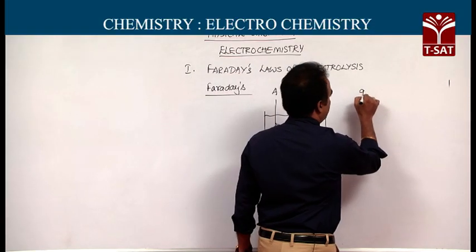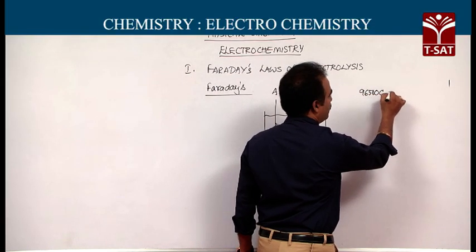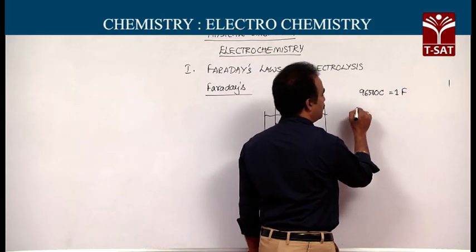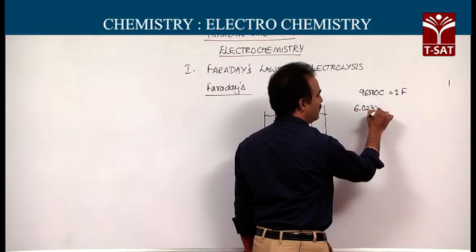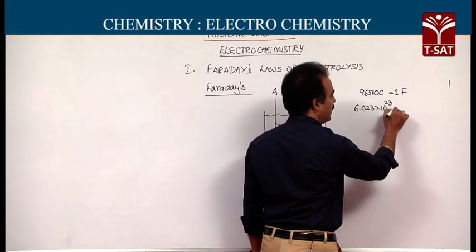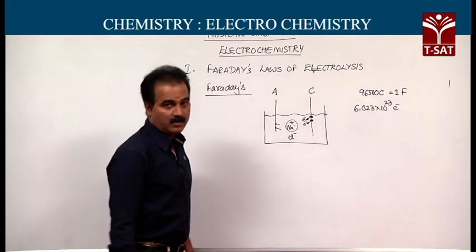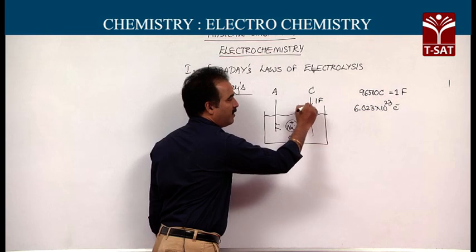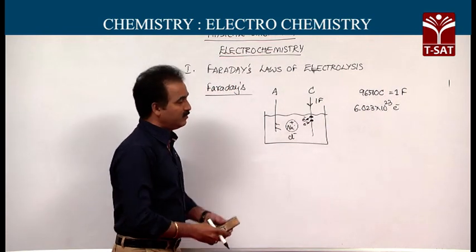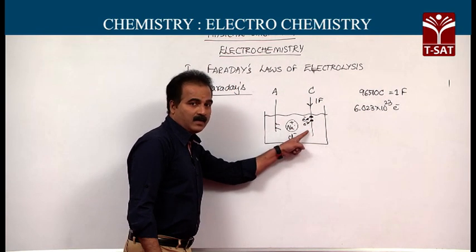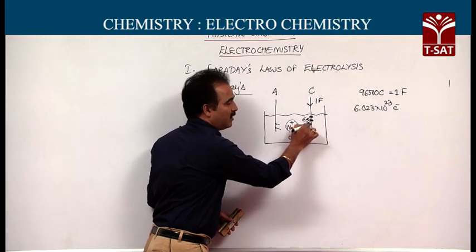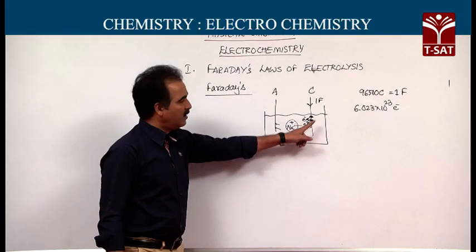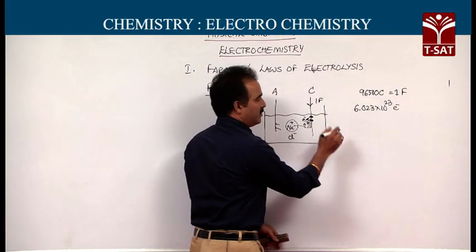So, we know that 96,500 coulombs is nothing but 1 Faraday, and that is nothing but the charge carried by Avogadro number of electrons. If I am passing 1 Faraday of charge through the cathode, I am sending 1 mole of electrons. The 1 mole of electrons will reduce 1 mole of sodium ions and deposit as sodium metal atoms.